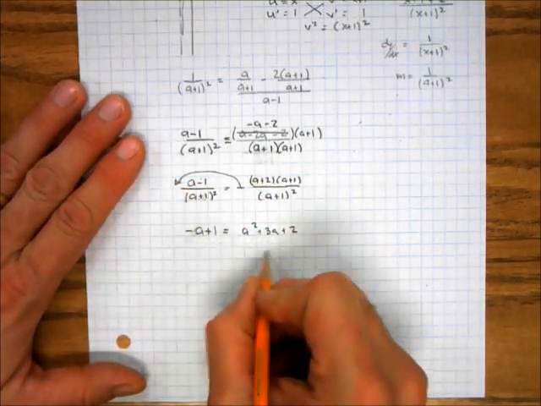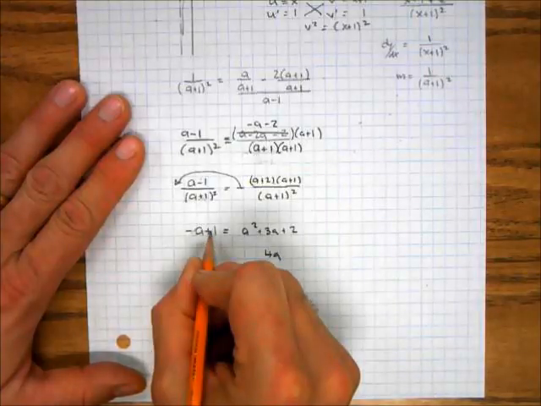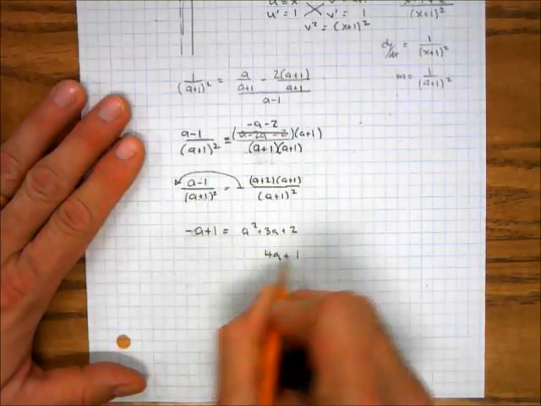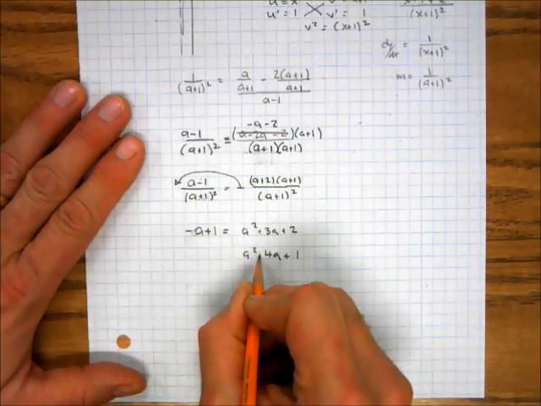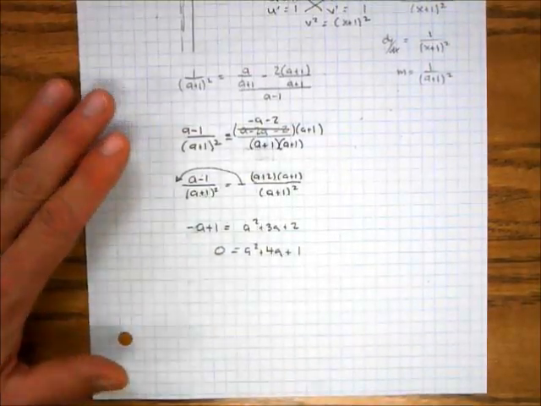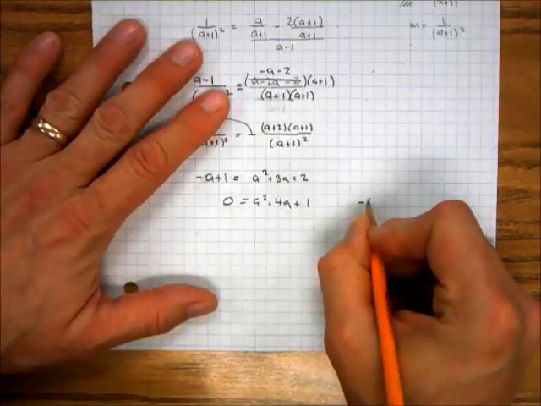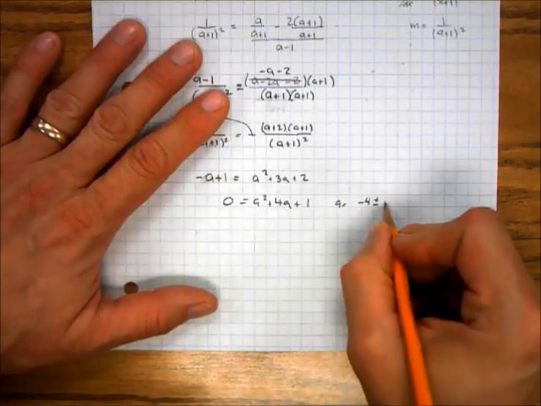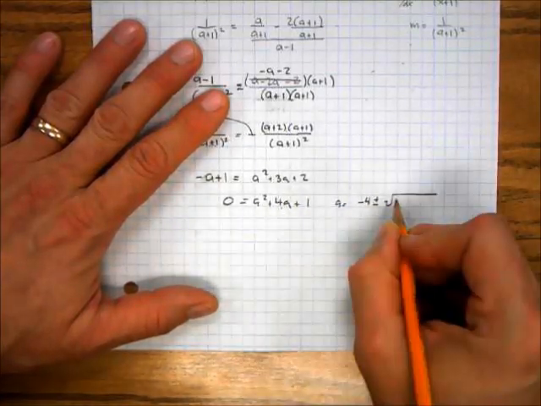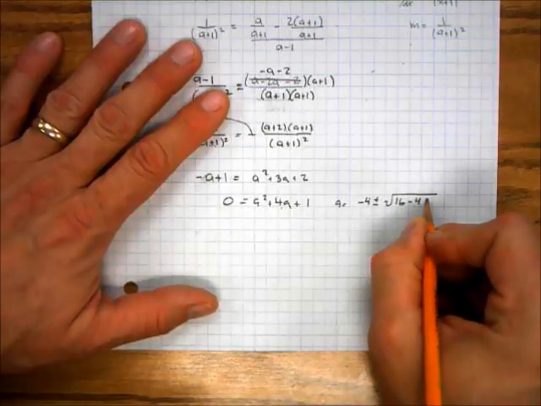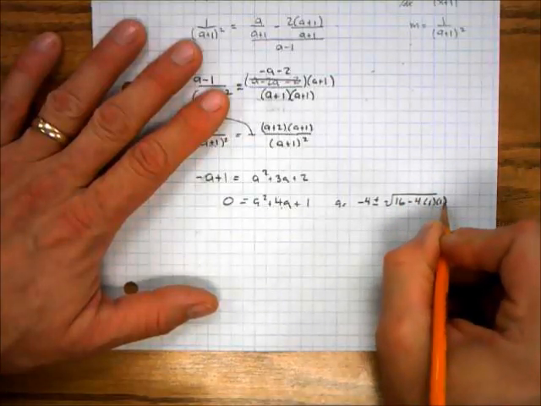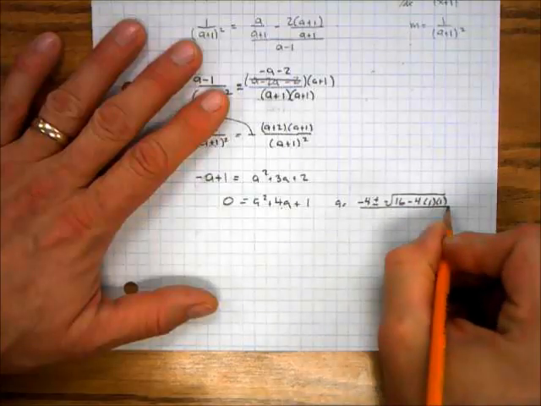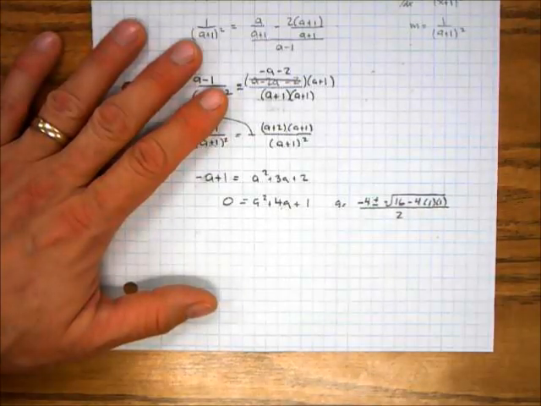I'm going to add a, I'm going to subtract 1, and we have this quadratic. So negative b plus or minus the square root of b squared minus 4 times a times c all over 2 times a.